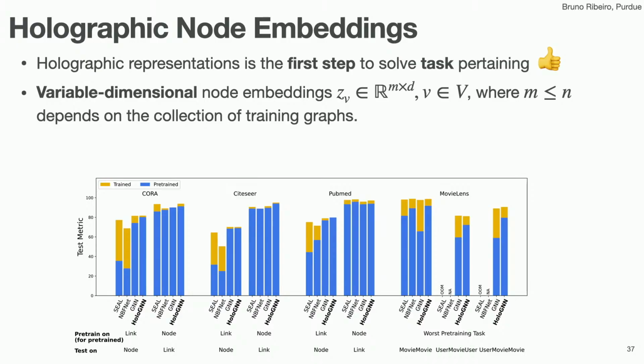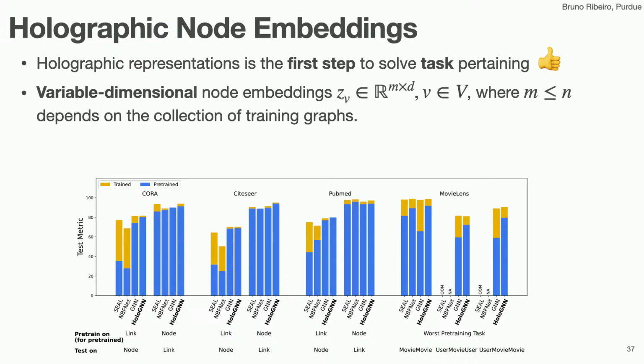So this is what the graph looks like. If we pre-train on link and predict node, then we can see that holographic GNNs have a very small loss between using the pre-trained model and training from scratch on the actual task. If you do any of the link prediction methods that you use to train for link prediction, they are pretty poor for the node representations.